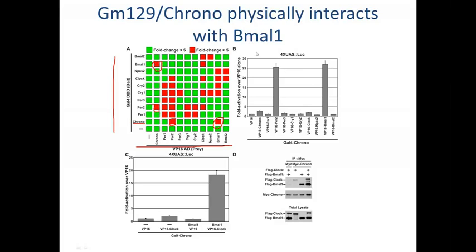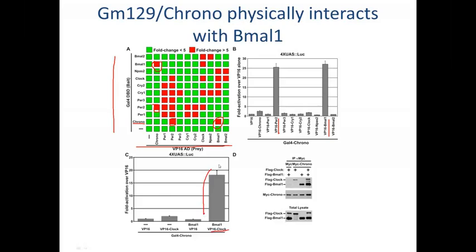Over here to the right is basically a graphical representation of the chart on the left, where you show Gal4 Chrono interacting with VP16 tagged PER2 or BMAL1. And down in the lower left-hand corner, you see the interaction of Gal4 tagged Chrono with BMAL in conjunction with VP16 tagged CLOCK over here.